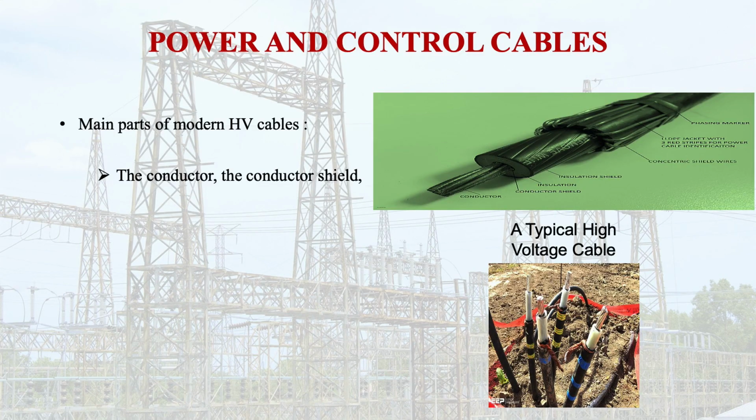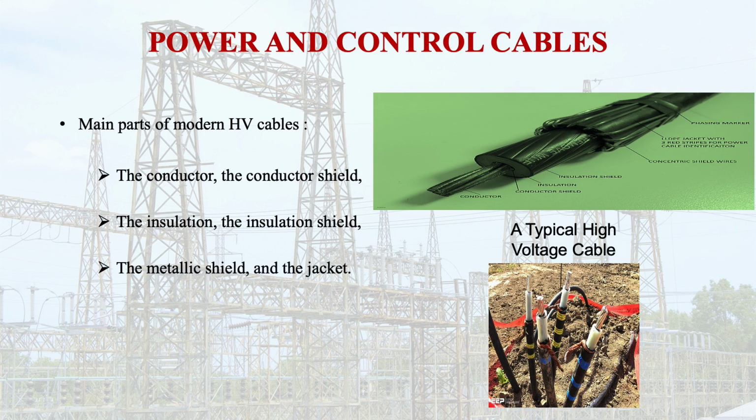Modern high voltage cables have a simple design consisting of a few parts. Generally, in a normal form, it has the conductor with a conductor shield over it, then insulation with an insulation shield over it, then a metallic shield as a protective shield, and the jacket.